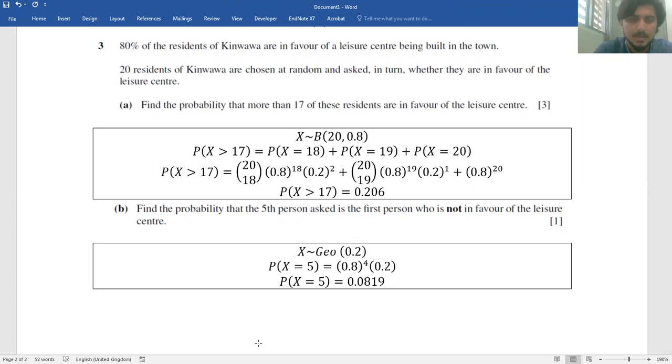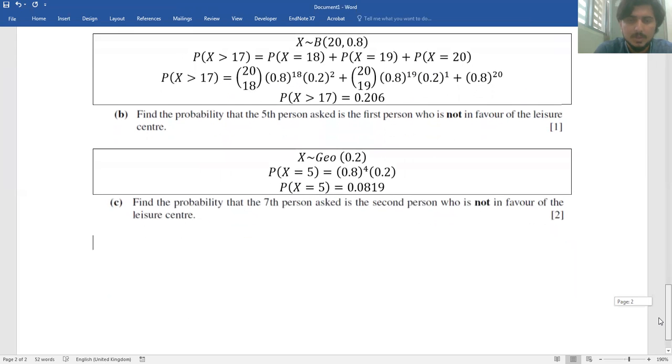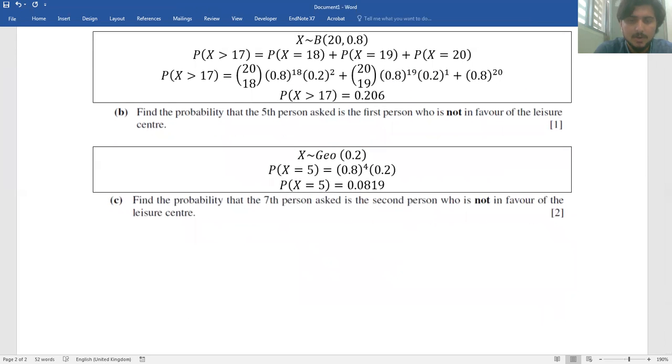Okay, so part C then says find the probability that the seventh person asked is the second person who is not in favor of the leisure center. Again, now this is possible with different orders, right?